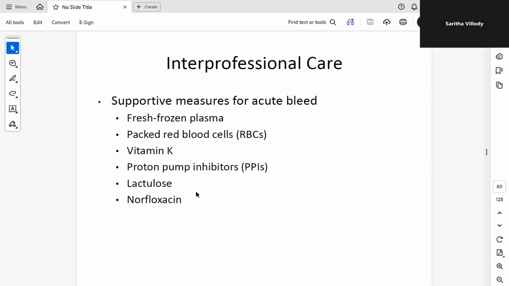So in case of a liver cirrhosis patient, never hold their lactulose. It might be ordered as give lactulose 3 or 4 times per day, aiming for the patient to have 2 to 3 or 3 to 4 bowel movements per day. Even though your patient has diarrhea, do not hold the lactulose. We want them to have diarrhea. We are inducing that diarrhea to get rid of the ammonia from the gut.